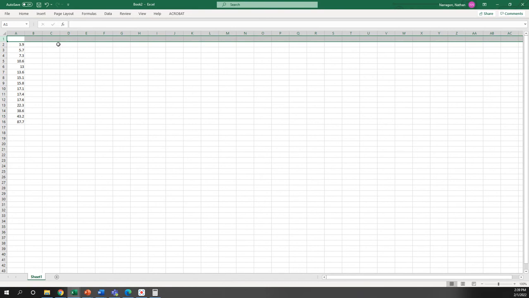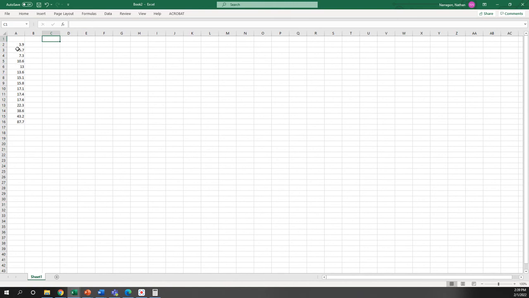So I want to insert my line because we're going to have to find standard deviation. So first off, we know right now our median will have to be the 8th number.